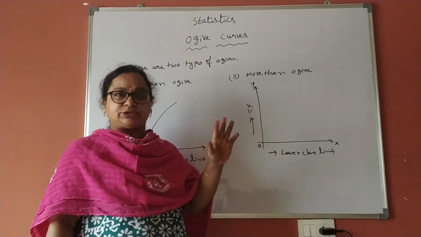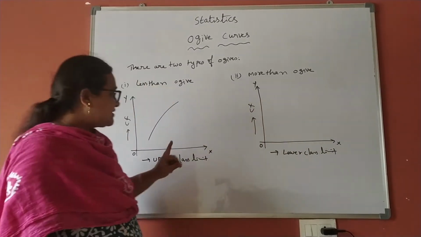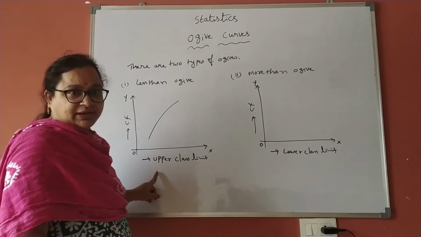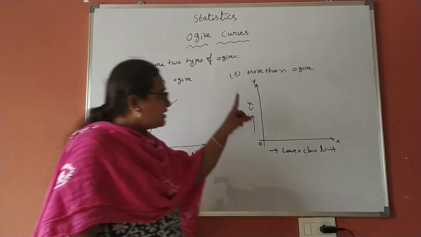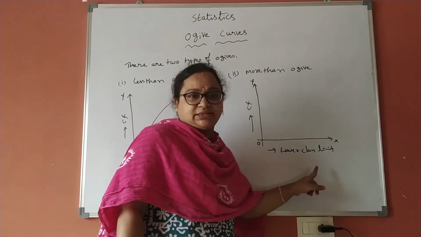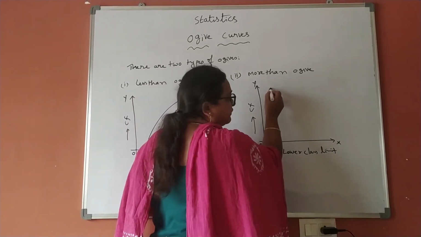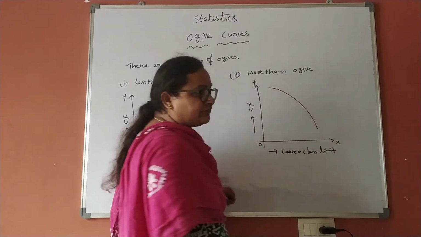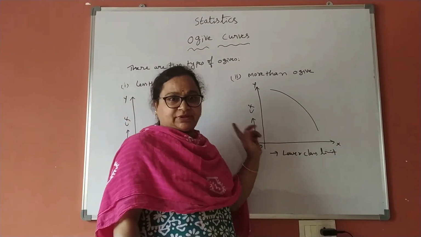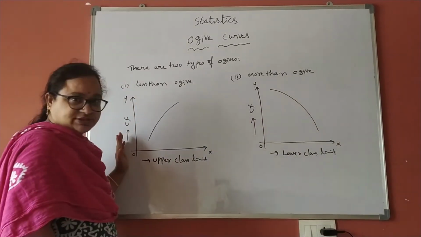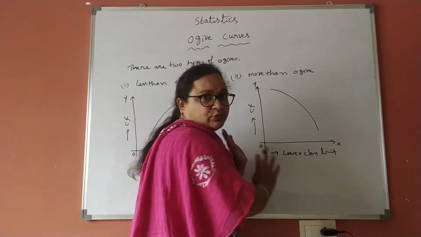So on the y-axis, cumulative frequency only. If it is less than OGIVE, we plot upper class limit on the x-axis. If it is more than OGIVE, we plot lower class limit on the x-axis. After plotting points, with a freehand we join and we will get a curve like this. So this is less than OGIVE and this is more than OGIVE.